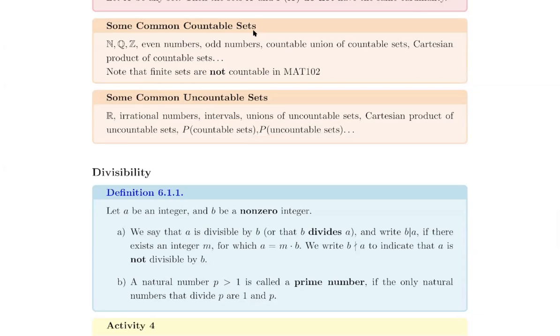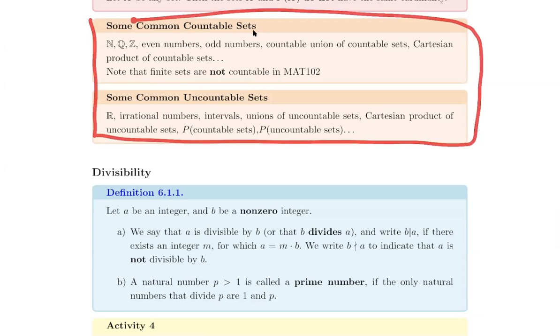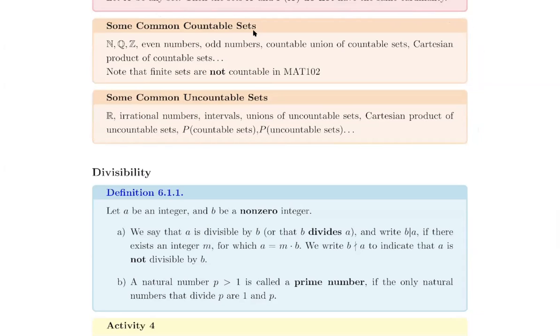Make sure you know how to prove all of them, okay? So it's a good practice. I do the summary because if they ask you if it's countable or uncountable, you can have a quick idea. But for the proof, make sure you know how to prove all of them.